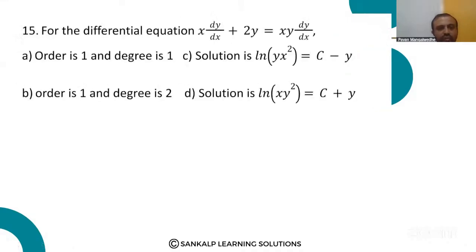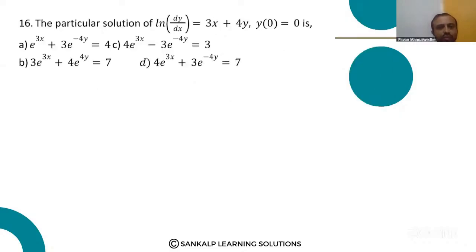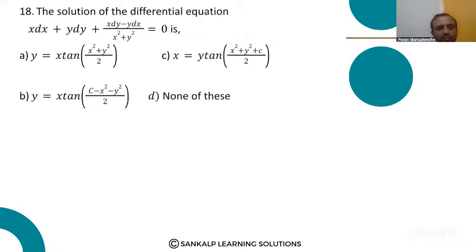This is the 15th one. It is also the same as the last three sums we learned, that is order and degree. This is the 16th one. It's a bit difficult, but try this, we'll get the answer. And this is the 18th one.